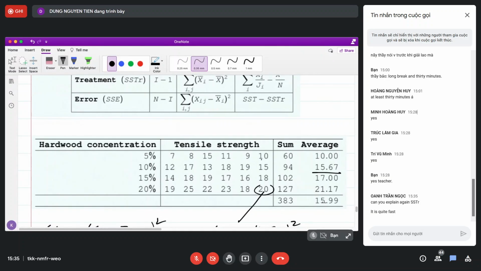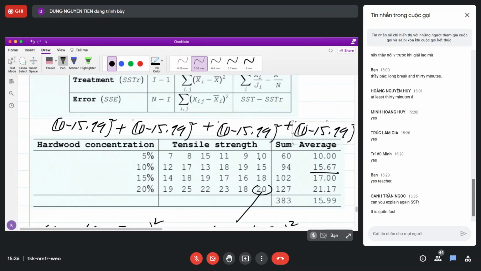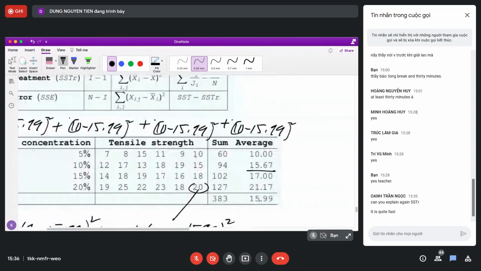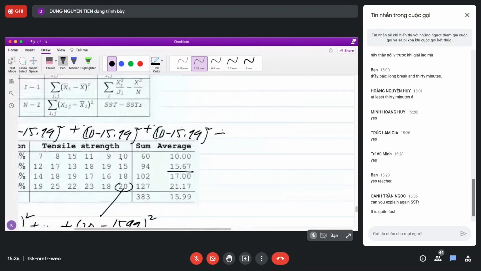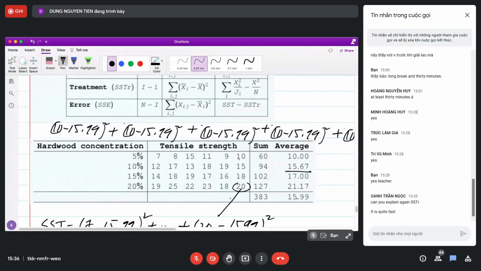So you get (10 minus 15.99) squared, and then (10 minus 15.99) squared again, just like that, and there are 6 terms like that. You have this one plus that one, and then plus this one again. So keep doing that: 1, 2, 3, 4, 5, 6, just like that. Is it clear? Is this all right?